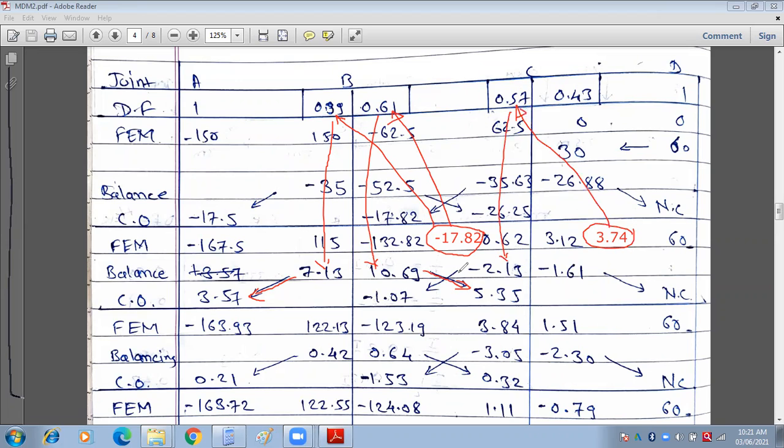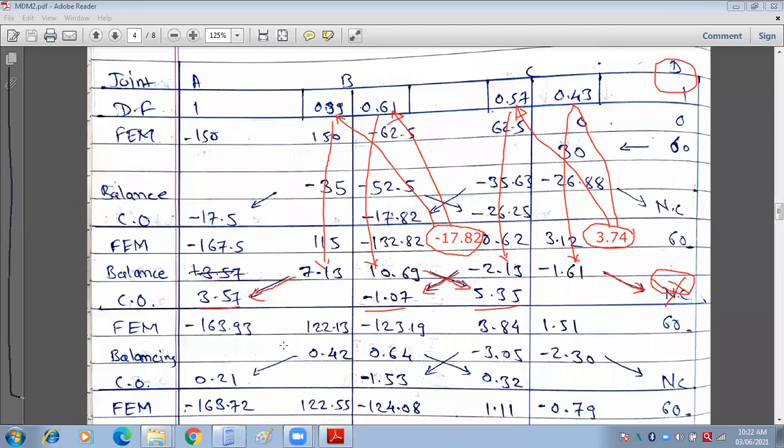Out of this 50% moment transfer to the next end. This moment multiply with this distribution factor, write down this balance moment over here. Out of this 50% not be transferred here, no any carryover, because this joint D is simply supported. Only if the joint far end is fixed one or continuous one, then and then only this carryovers are transferred.